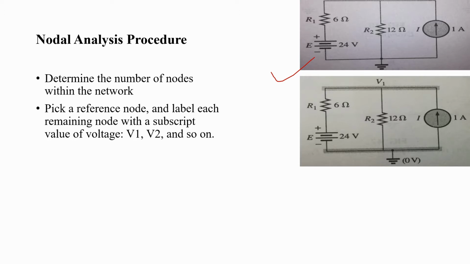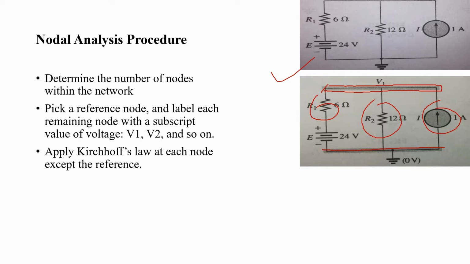From the figure, we see that V1 is a node where the other elements like the current source, R2 and R1 are connected with each other. We name it V1. Now we have to select the reference node. Mostly we select ground as the reference node.